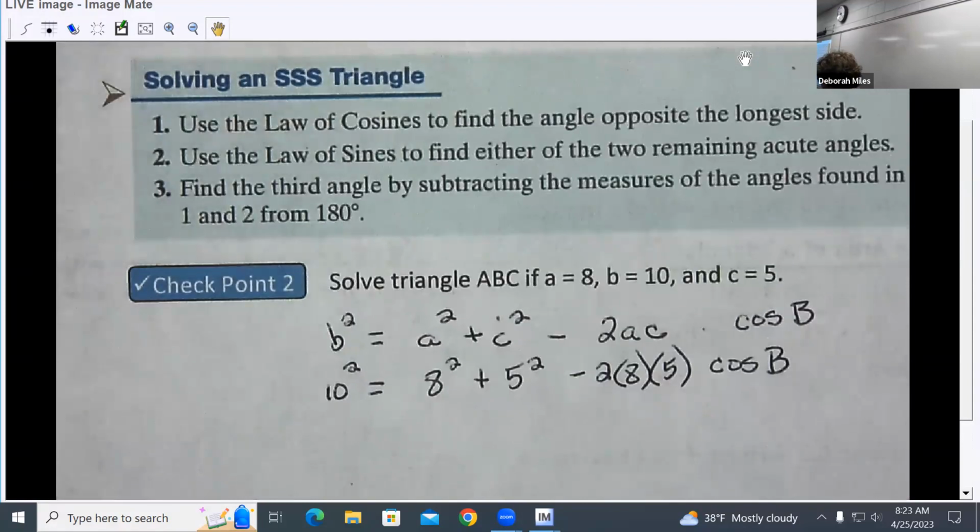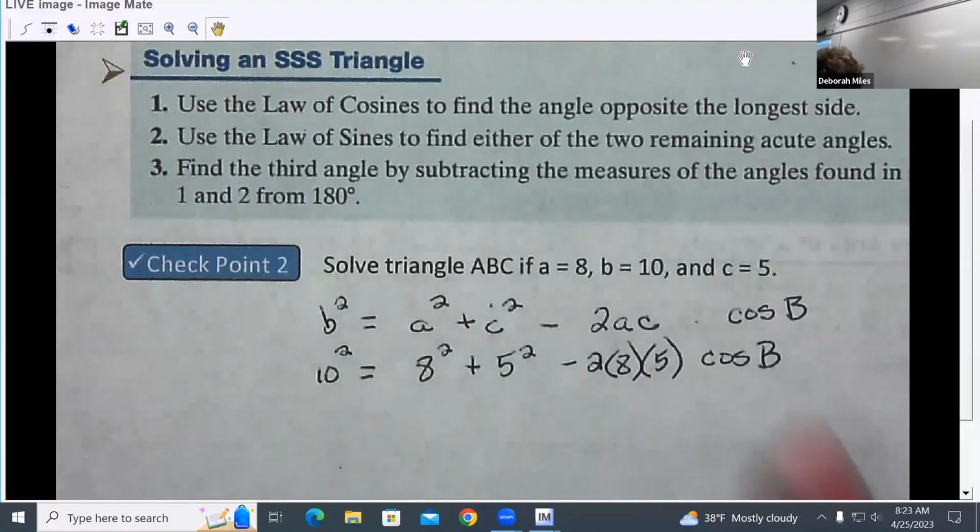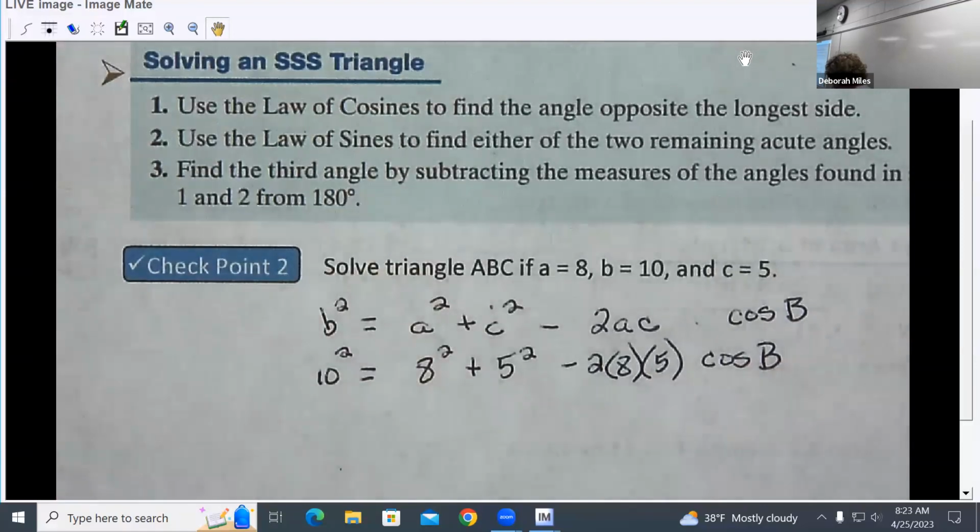Now, what function am I going to have to use to find beta? Inverse cosine. Yeah, I'm going to have to use inverse cosine. For some reason I'm calling that beta instead of B. I'm just feeling kind of Greek today.